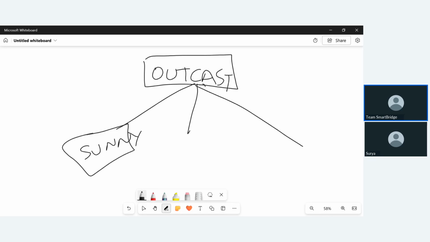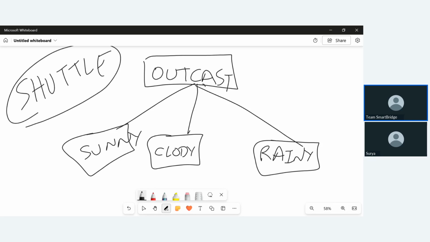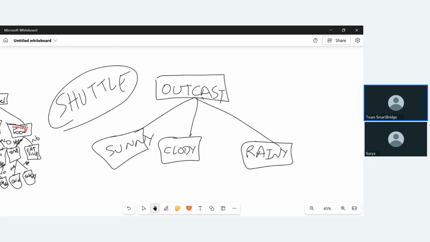This is for sunny, this is for cloudy, this is for rainy. This is for playing badminton, this is for playing shuttle. So I'll be playing shuttle upon these conditions which I'm drawing right now.